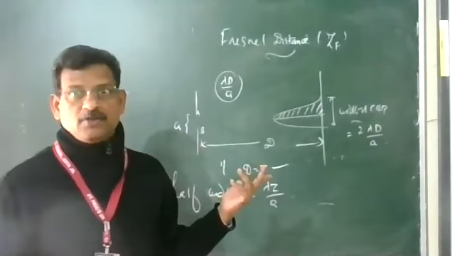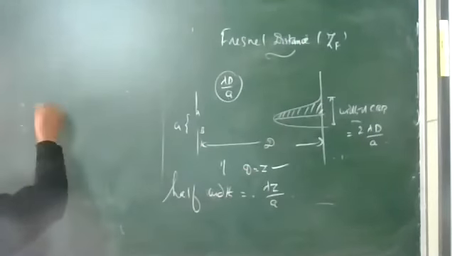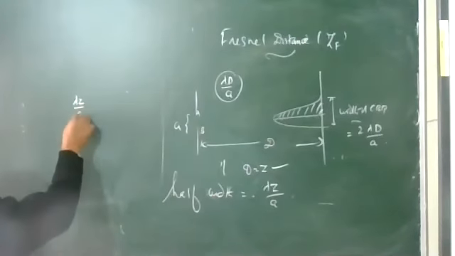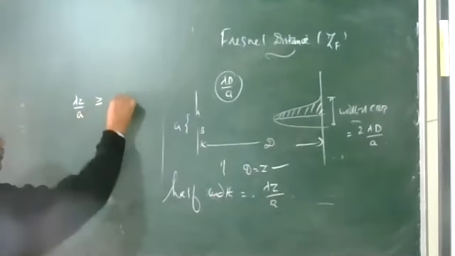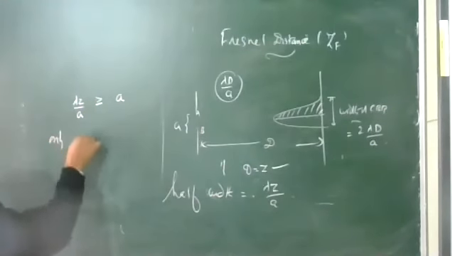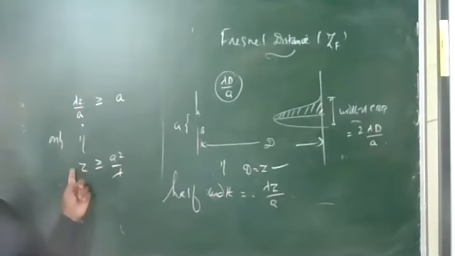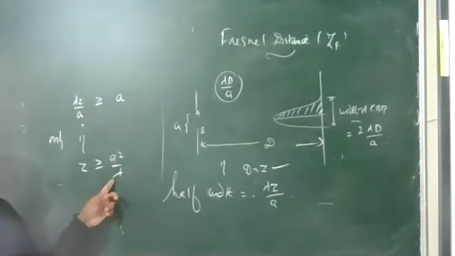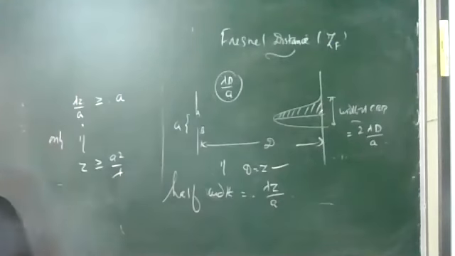The slit is also very small, on the order of a wavelength. So lambda z by a, the half width, should be greater than or equal to the width of the slit a. The distance z the light has to travel from the slit to the screen should be greater than or equal to a square by lambda; only then will the half width of the central maximum be greater than or equal to a, a measurable value prominently observed.